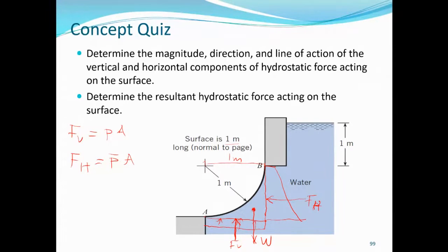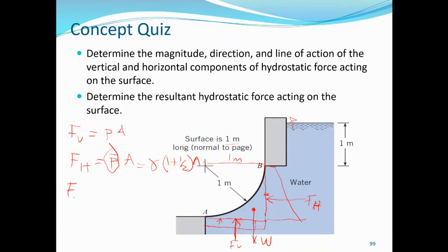The pressure at the centroid, P bar, is going to be gamma H, and H here is 1 plus 1 over 2, times the area. Because from the top of the water surface you have 1 meter, and then this is 1 meter, then half is 1 over 2.